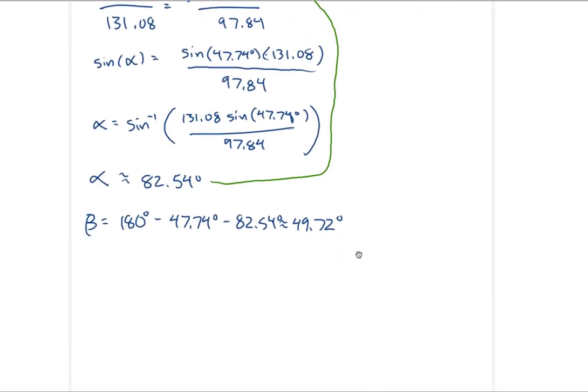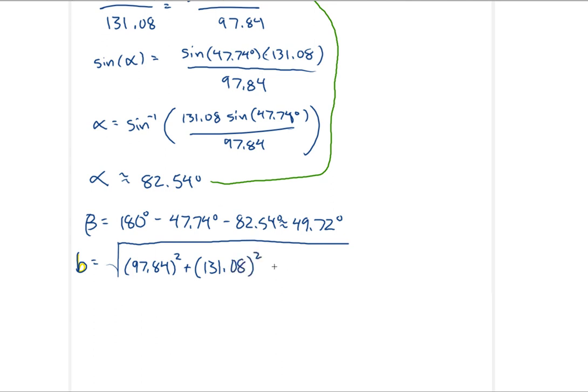All right, and then finally, let's go ahead and find B here. B is, I'll go back to blue, I guess. I'll use the law of cosines, so we'll take the square root of 97.84 squared plus 131.08 squared minus 2 times 97.84 times 131.08 times the cosine of 49.72 degrees.